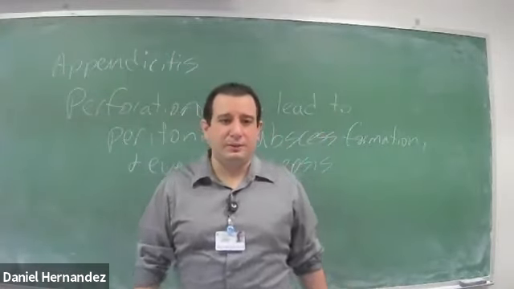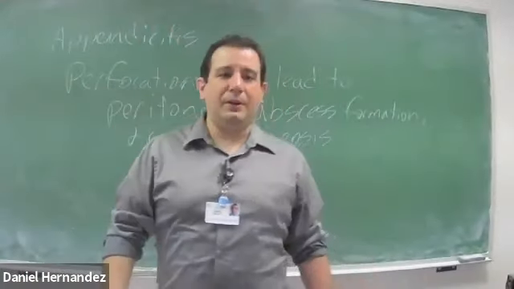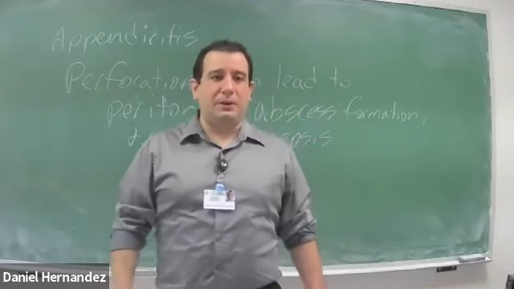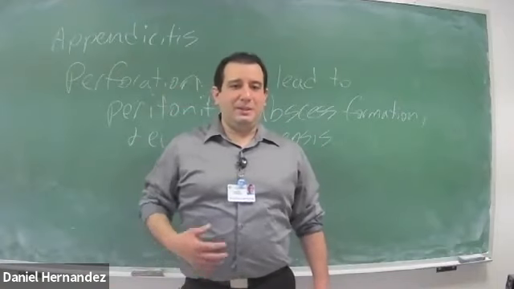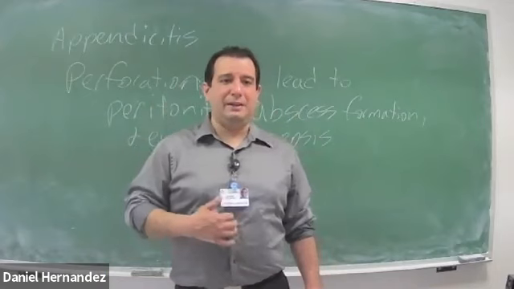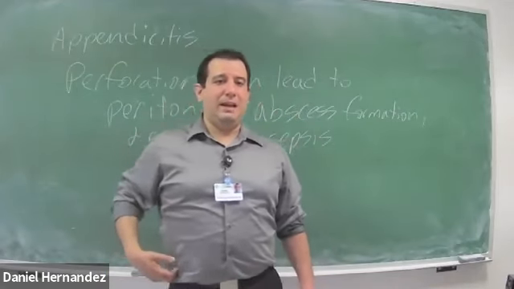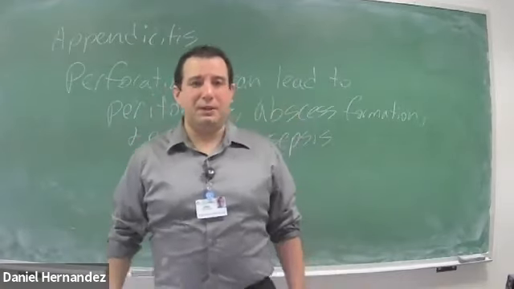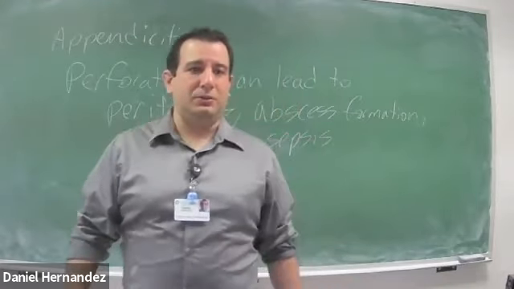Again, if we're imaging, remember there's a differentiation as to where it's coming off the cecum. So I will image basically the entire right lower quadrant, from the umbilicus all the way up to the base of the liver and down into the lower portion of the pelvis, because it could potentially be diving down towards the bladder.